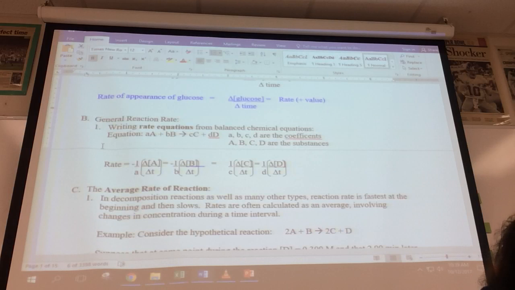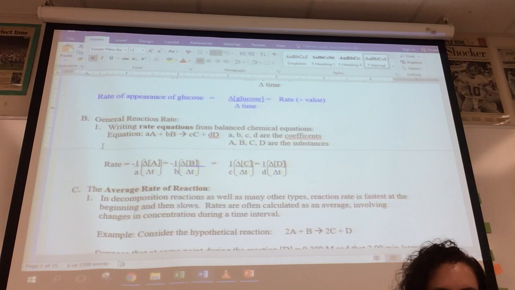Let's take a very simple equation that we looked at here.